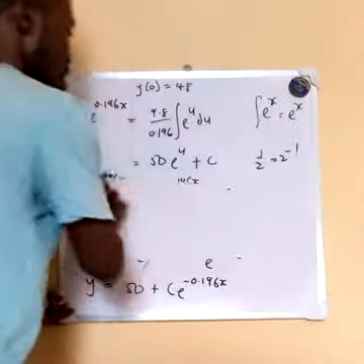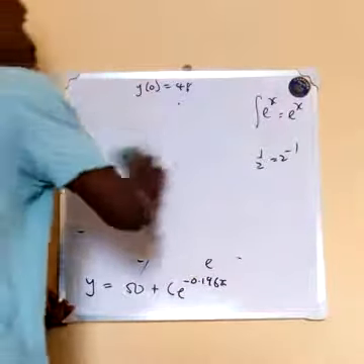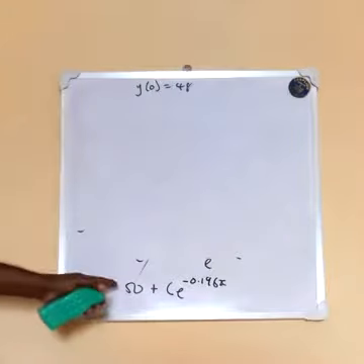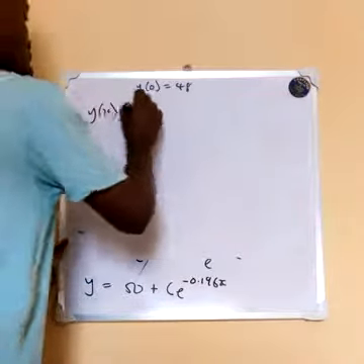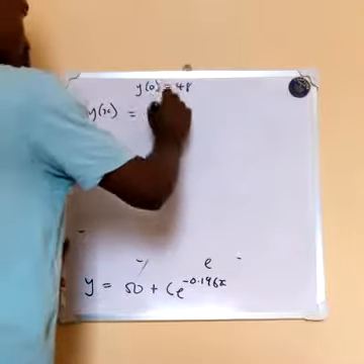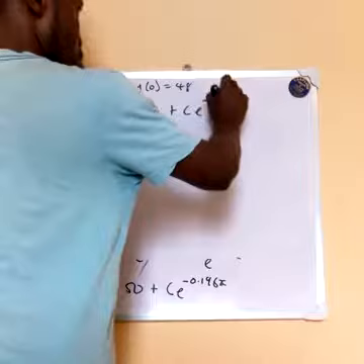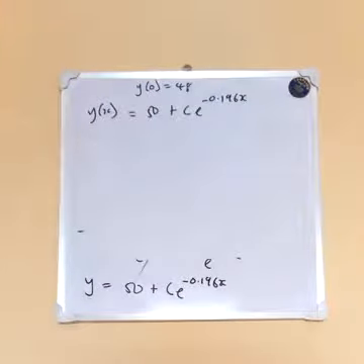So you got it. So the general solution is available. The general solution is done and dusted. So this is the general solution, which means that y of s equal 50 plus c e^(-0.196s). So the general solution is done and dusted.